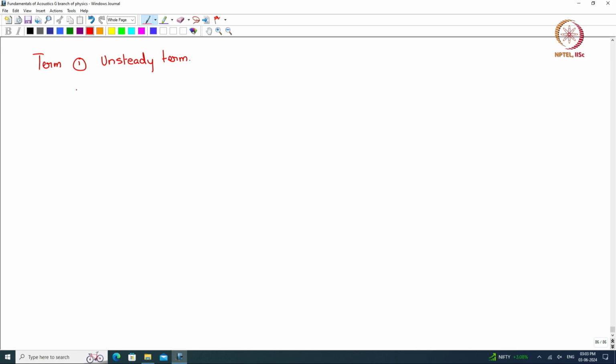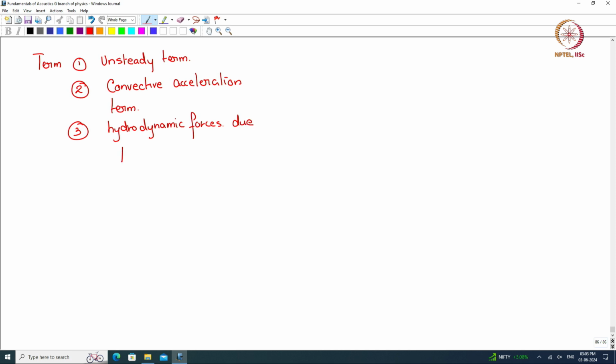Okay, 2 is the convective acceleration term, 3 is the hydrodynamic forces that come up due to pressure variations.